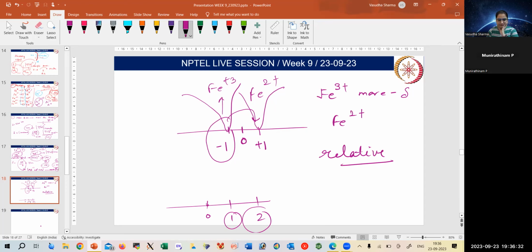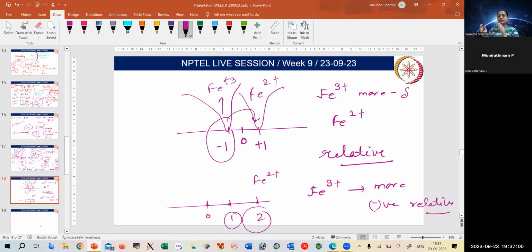Here, we need to just remember or understand this point that when the oxidation state is more, it would be having more negative value relative to the other. This is clear? So more negative means, if I have iron +2 here, it has to be lesser compared to the iron 2.